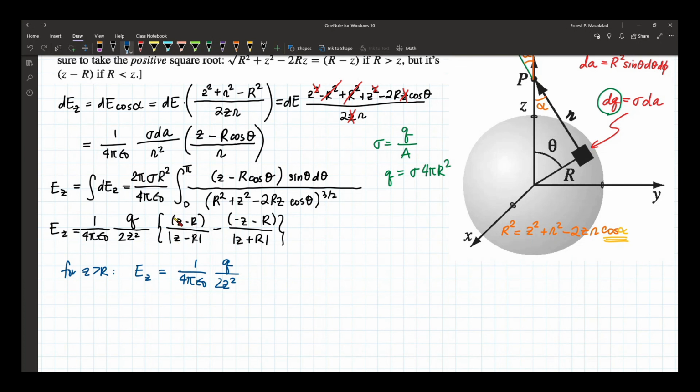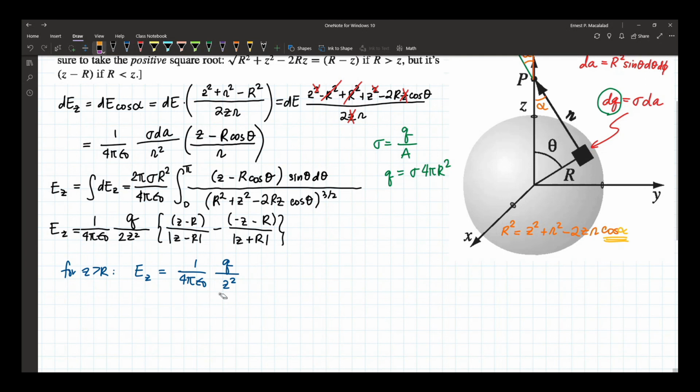So 1 plus 1 equals 2. That means it's now equal to this one.